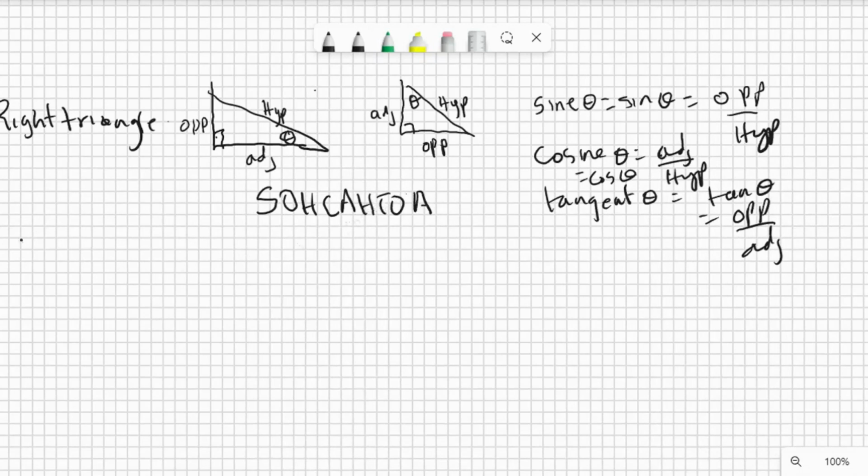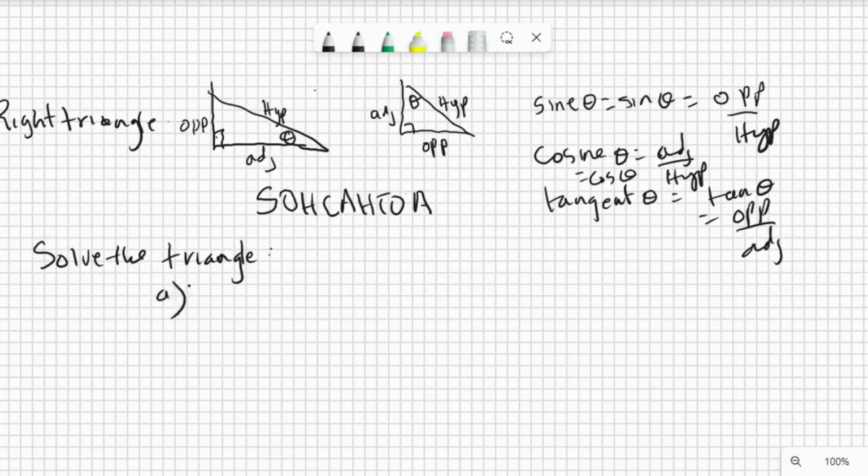Okay, so let's see how to solve this one here. If we say solve the triangle, it means I have to find all the unknowns, angles and sides.